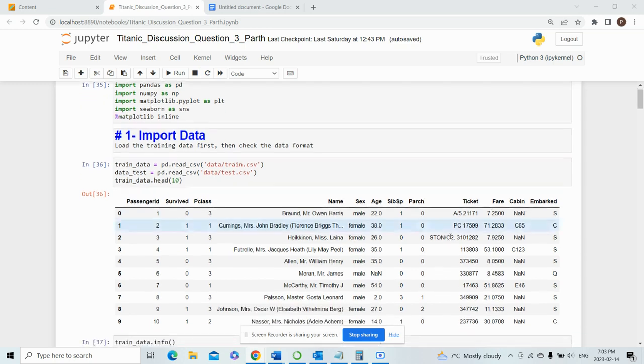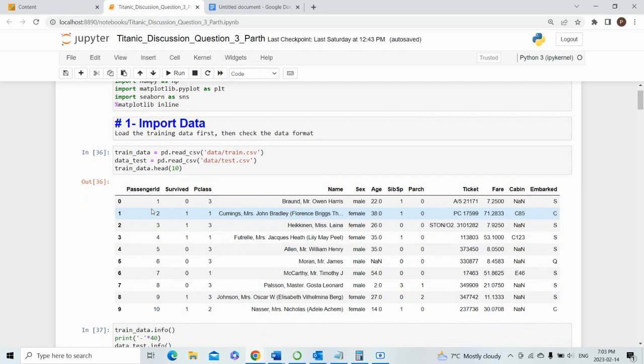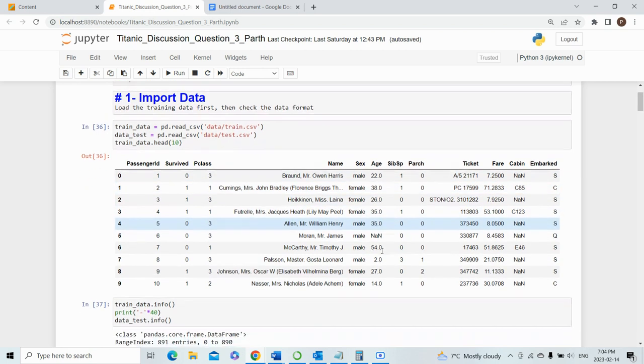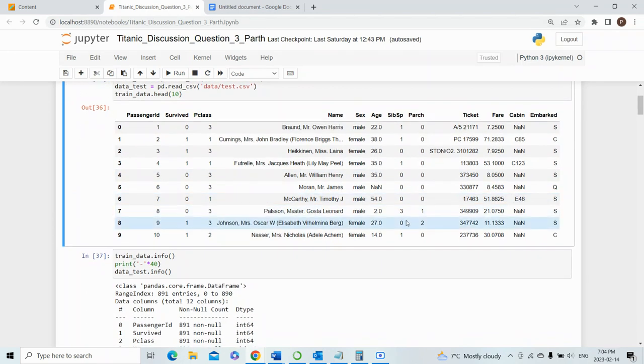According to the dataset, I have got amazing data which consists of several columns like passenger ID, the people who survived during the Titanic, then the passenger class, which is divided into first, second, and third. Then there are name, gender, age, and so on.